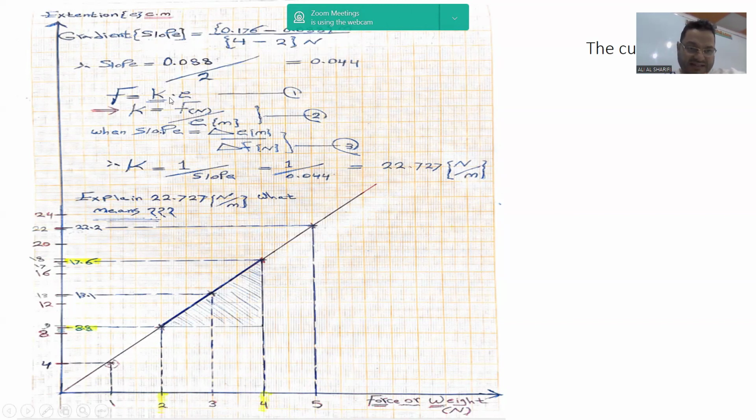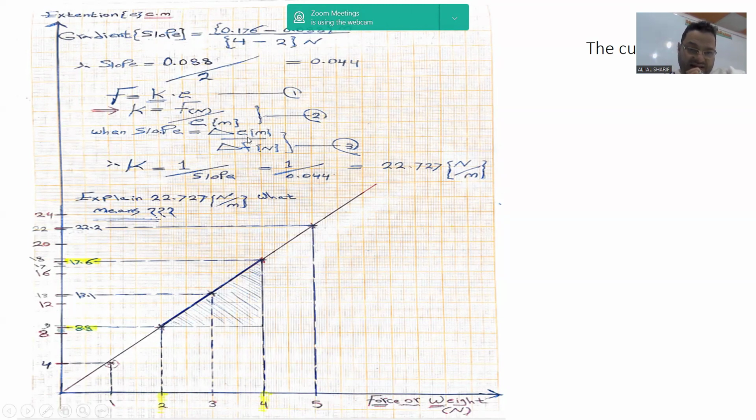From this function, we can say K equals force divided by the extension, force in Newton divided by extension in meter. Let's say it's equation number 2. Slope equals delta y divided by delta x. That means delta extension in meter divided by delta force in Newton.